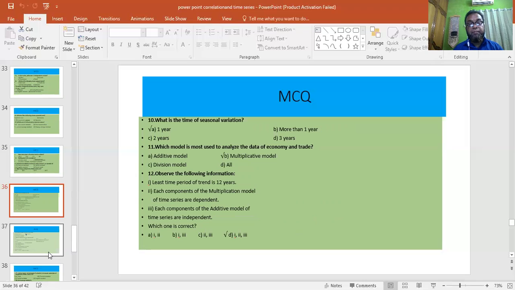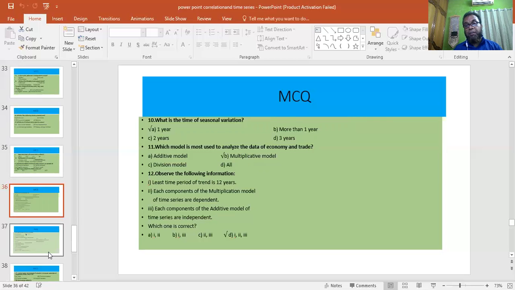Number 11. Which model is most used to analyze the data of economy and trade? Additive model, multiplicative model, division model, and all. In time series, we know there are two types of model, additive model and multiplicative model.